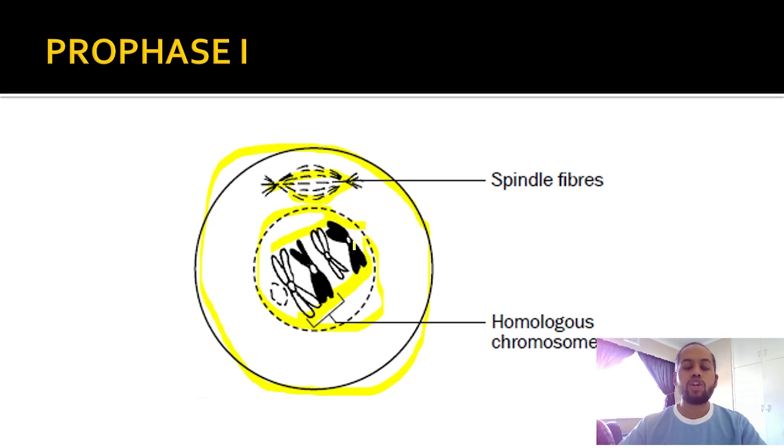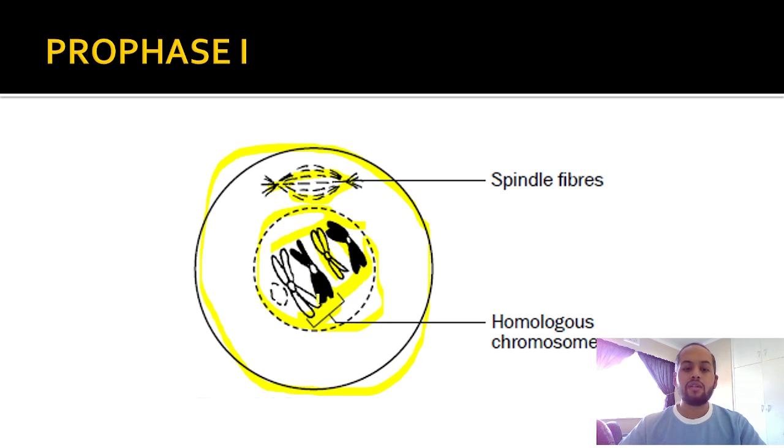Firstly, you're going to have homologous chromosome pairs lying next to each other. Homologous chromosome pairs are going to come and lie next to each other. When they lie next to each other, they are going to form bivalents.